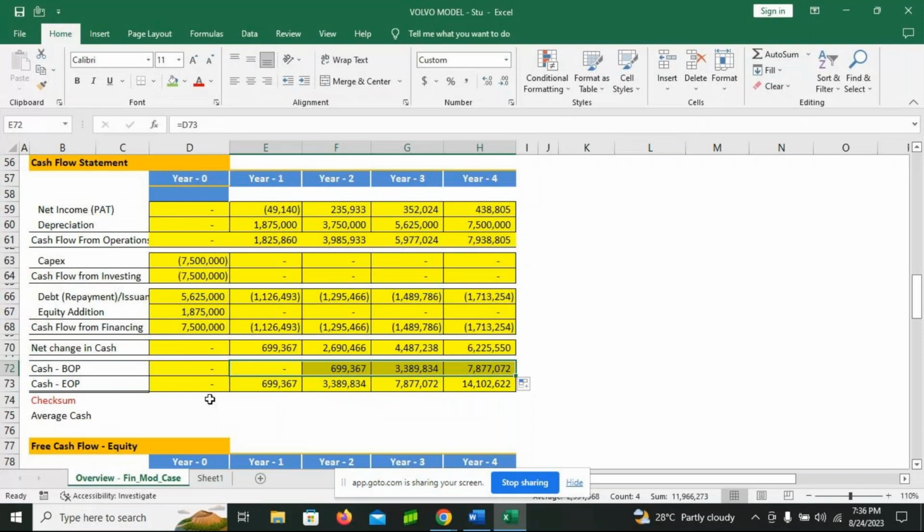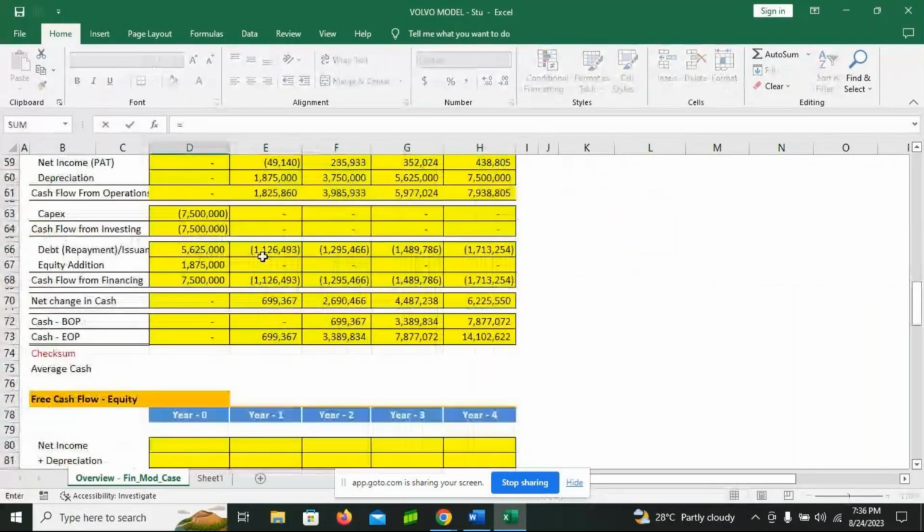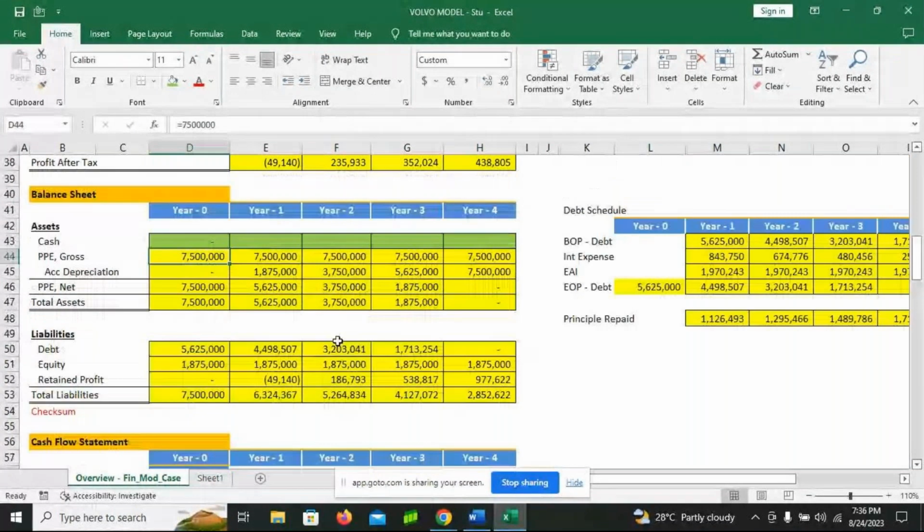So here once it is done, we'll put it for cash. So equals D73, and here I will drag it.